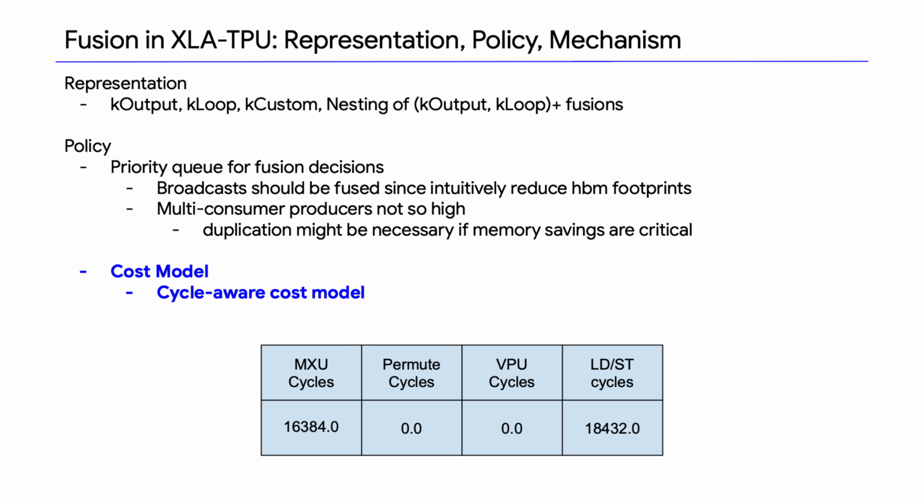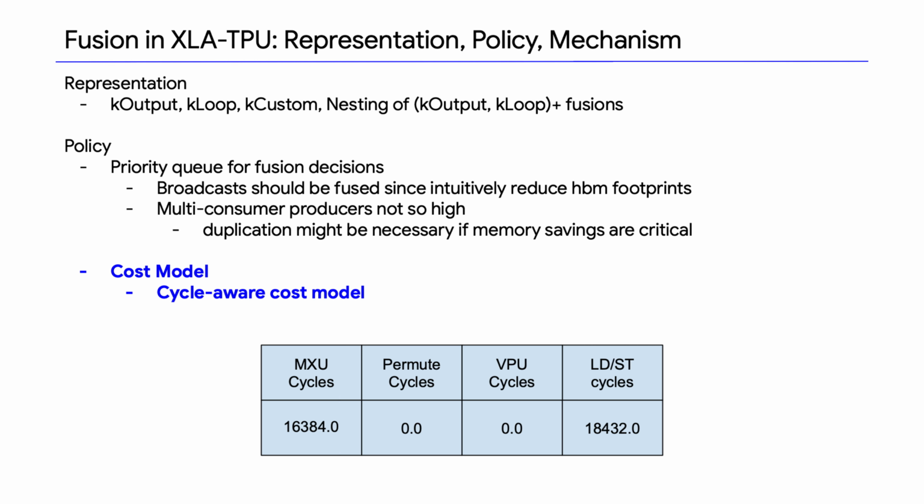Compiler folks are very bad at naming. kOutput is a fusion that is a composition of operations where the convolution is present. Because we want to give the notion that the moment you see the kind, you're able to tell, hey, there is a convolution, and that's the lead operation that determines the whole iteration domain of all the ops present in the fusion. So that's why they came up with the name kOutput. But yeah, that's the name.